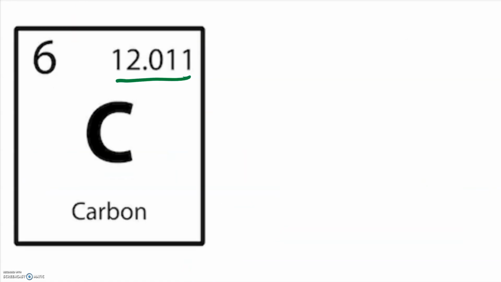This value is going to be something else for us. We're going to call this the molar mass. We're usually going to round it. So for carbon, the molar mass is 12. Notice that this is in grams.